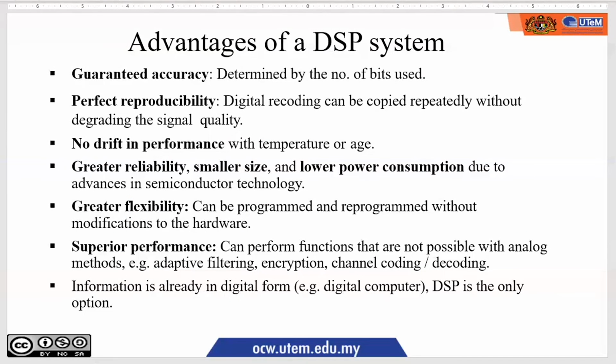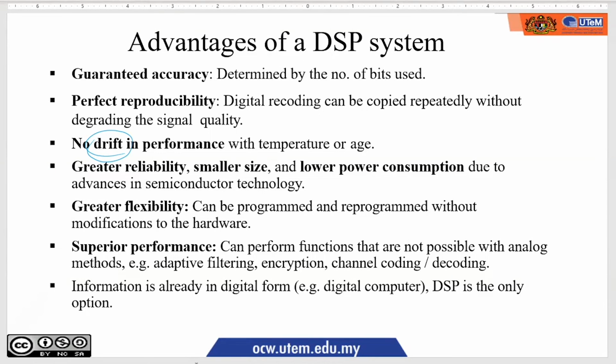Advantages of DSP are guaranteed accuracy, obviously, no off-bit use, and perfect reproducibility. Meaning we can track the information of the bits, with no drift in performance as in an analog signal, because somehow we have a glitch there.